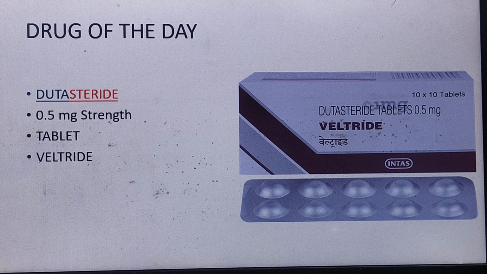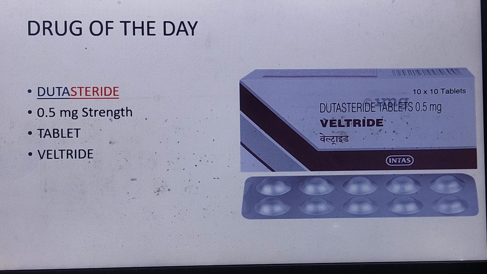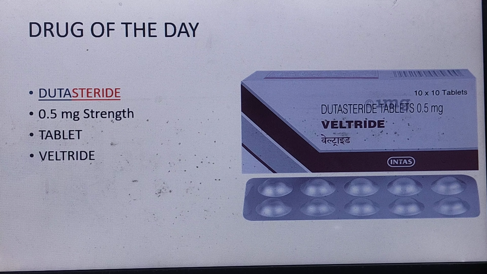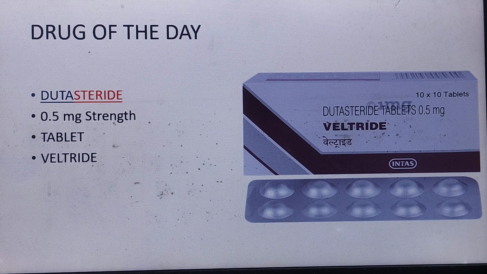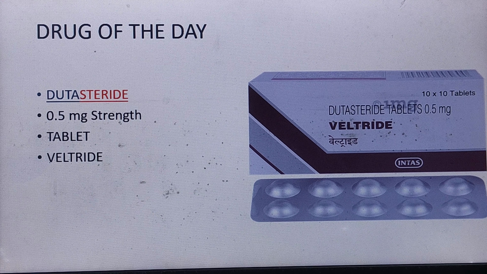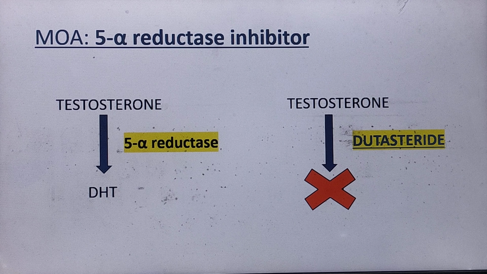Okay, so each company has its own brand name. This drug is prepared by the Intas pharmaceutical company, and it has given the name Veltride to this tablet of dutasteride.